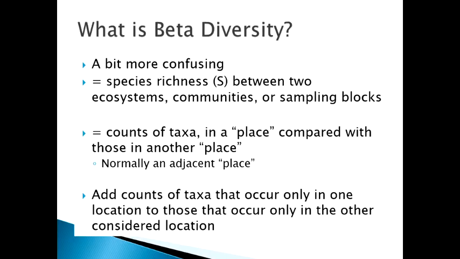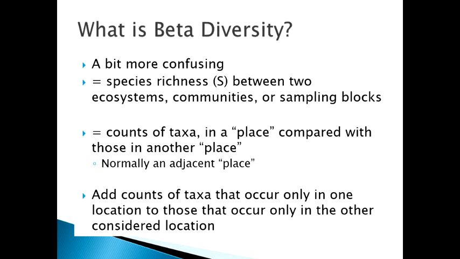But what about beta diversity? This is the one that's a little bit more confusing, because it's a measure of richness between two ecosystems or communities or sampling blocks. So you do sort of the same thing. You count the number of taxa in a place, but then you want to compare that number to the number in another place.